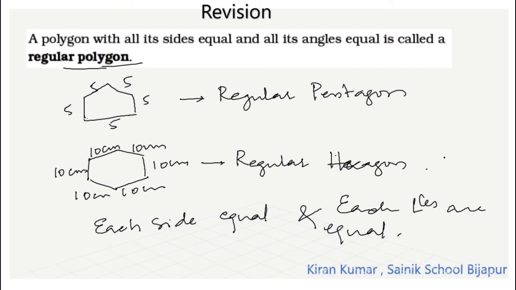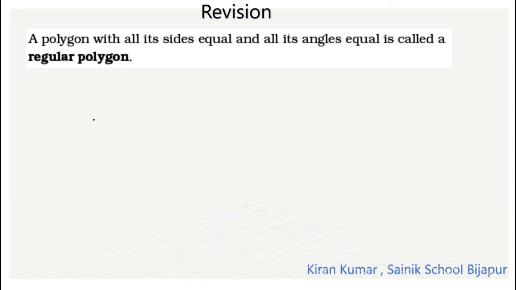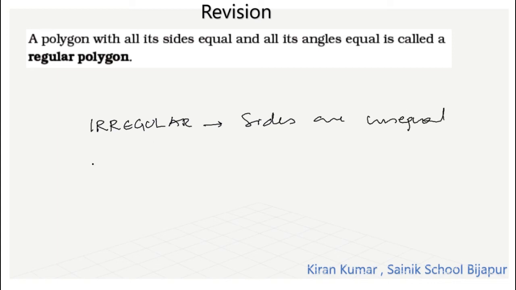If the sides of the polygon are not equal, it is called an irregular polygon. The meaning of irregular is sides are unequal. So for example, this particular figure has different sides. All the sides are not equal.